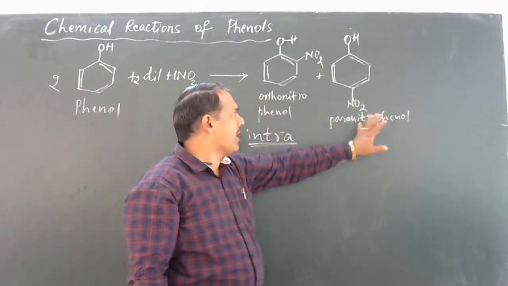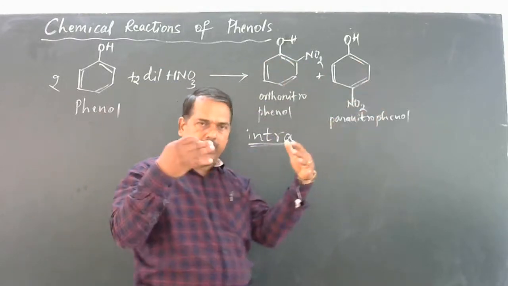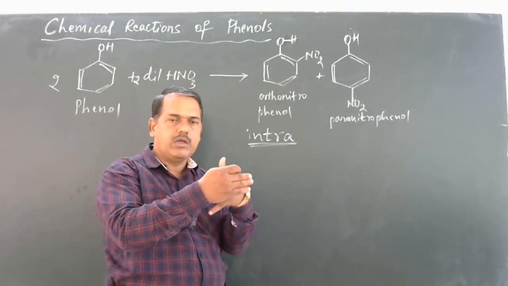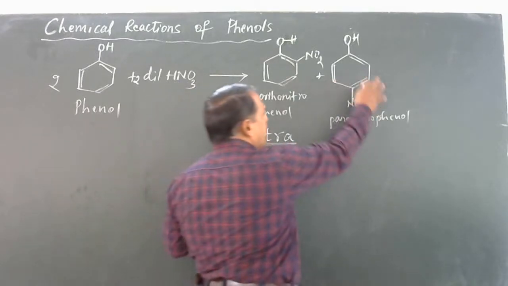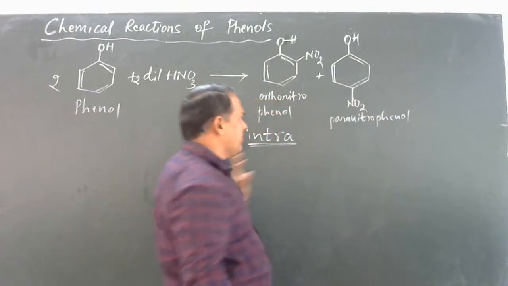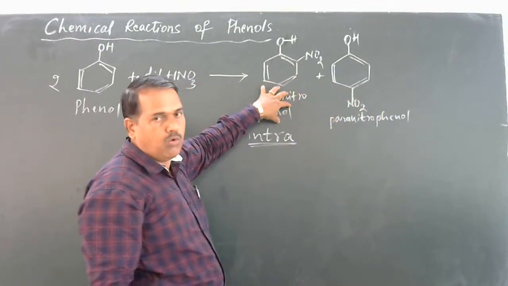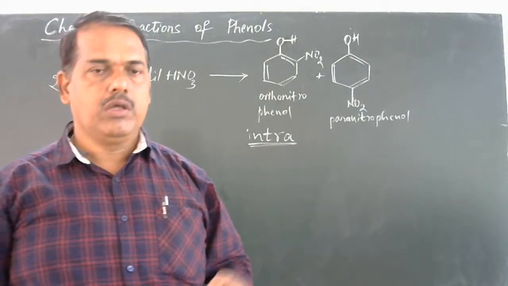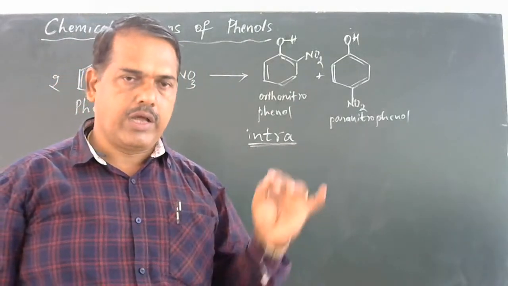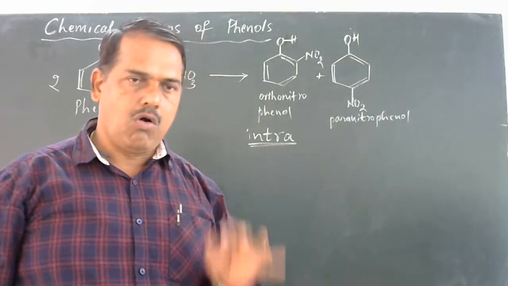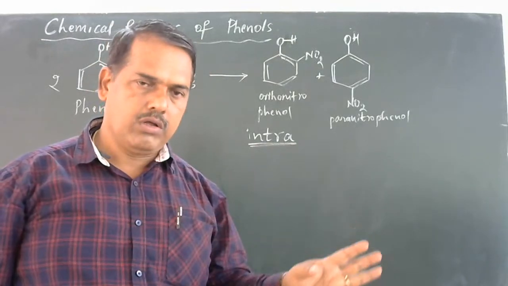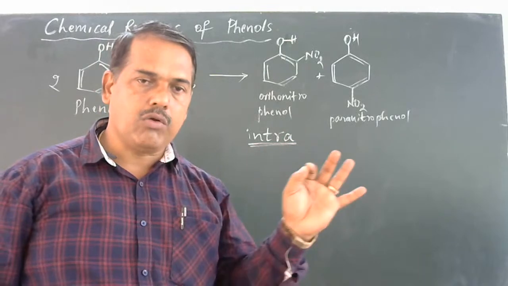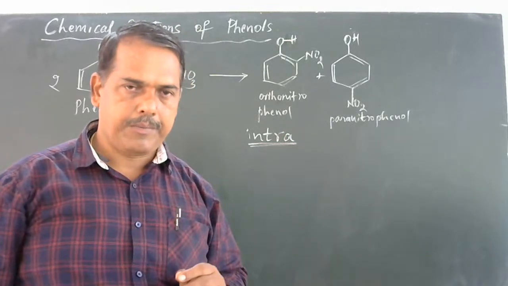If you go for para-nitrophenol, we can find an association. Both the molecules can combine, so it is less volatile, and the ortho is more volatile. Are you clear? When phenol is treated with dilute nitric acid, orthonitrophenol and para-nitrophenol are obtained.